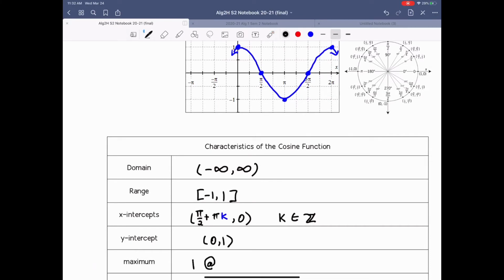However, we need to be specific and talk about where this maximum is taking place. So the first maximum that I see is at (0, 1). We have two maximums on this interval because we also have a maximum at (2 pi, 1) as well.